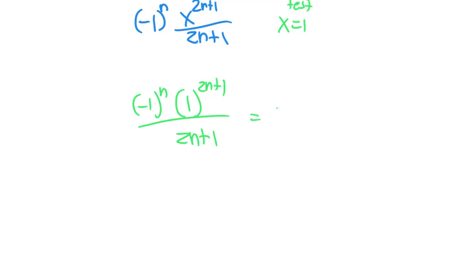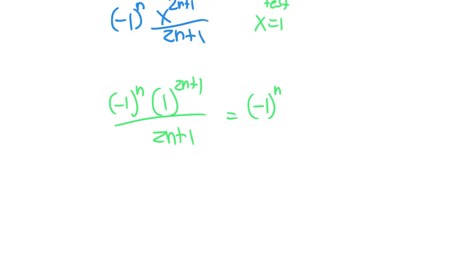Let's take into account that we have that alternator. In this case, it's going to be 1, because 1 to the anything is just 1, right? So actually, it's just 1. So then we have that over 2n plus 1.